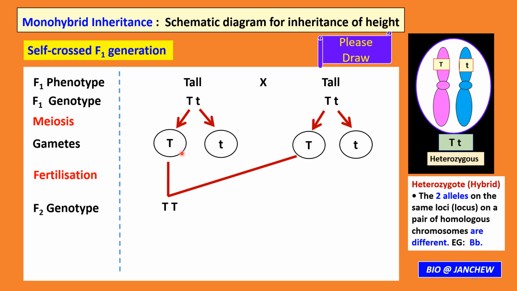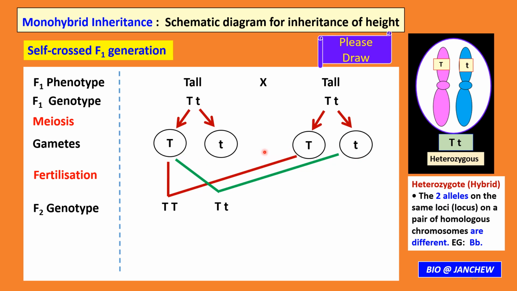Second possibility is that the first gamete can fuse with the second gamete from the other plant. So draw lines, not arrows. Don't draw arrows here. Draw lines that merge or meet together, and we can combine the two alleles together in the same cell. Big T, small t.